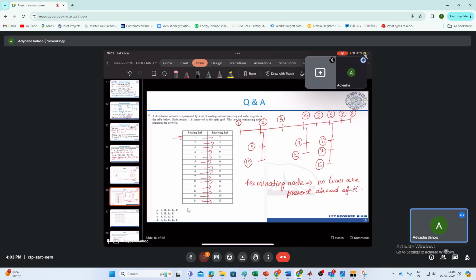Bus 8, because ahead of this you don't have any more lines connected. This is the end here. And the next ones are 10, 12 and 15. So this is option C.